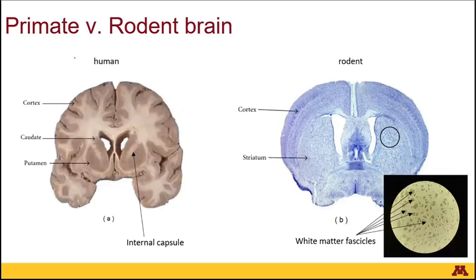Okay. Next, I wanted to revisit this concept because it poses a challenge for translating my findings to humans. I'm telling you that in my mice, I see GFAP positive astrocytes accumulating within and around specific white matter fascicles as they pass through the striatum. However, that is just not something that we're going to be able to see in humans.